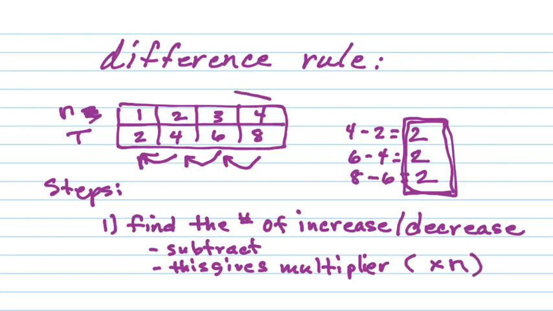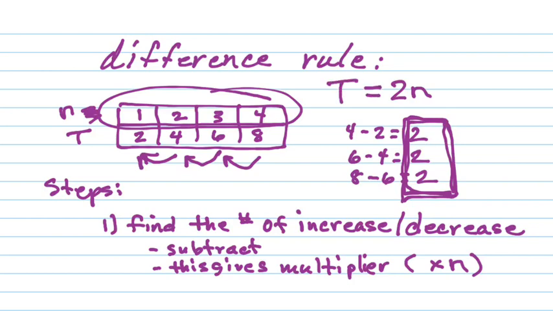And n is just the top number, the number for the figure. Okay? So in this case, this rule would start off with a multiply by 2, so that would be 2 times n. But remember that we're trying to get t. We're trying to get a rule that will always give us our t. So that means t is equal to 2n so far.